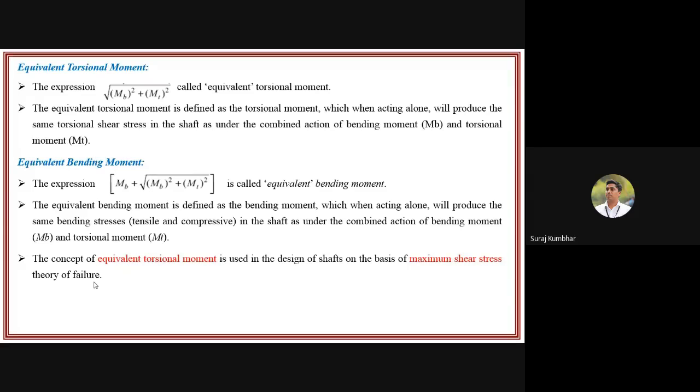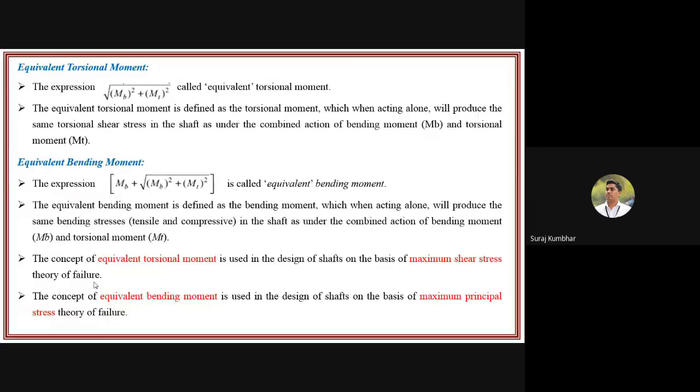It is used in the design of a shaft on the basis of maximum principal stress theory of failure. So this is the most important criterion: when to use equivalent bending moment and when to use equivalent torsional moment. Are you getting this up till here? Should we go ahead?